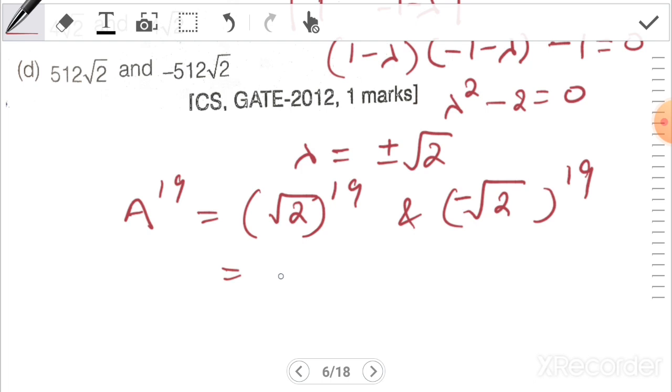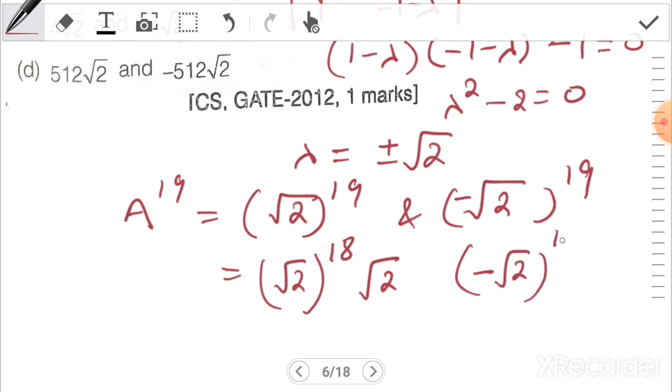You can write this as root 2 to the power 18 times root 2, and also minus root 2 to the power 18 times root 2.